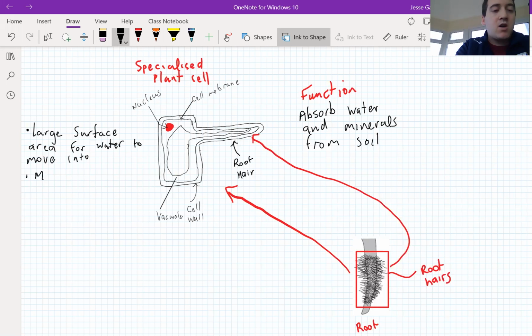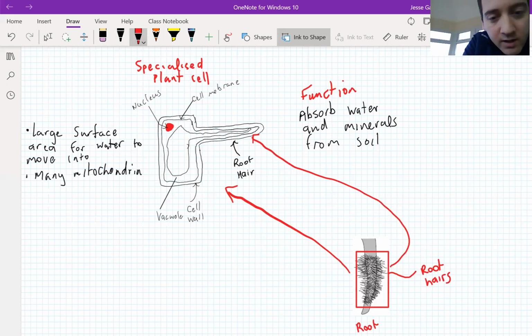It has many mitochondria, which I haven't really shown here. So let's draw them in. It's got many mitochondria. So here are the little mitochondria in red. So these are the mitochondria.